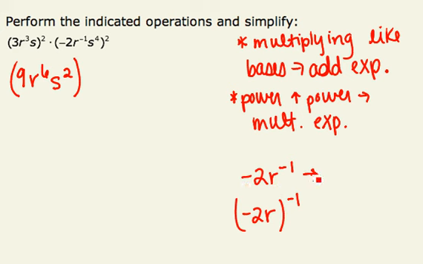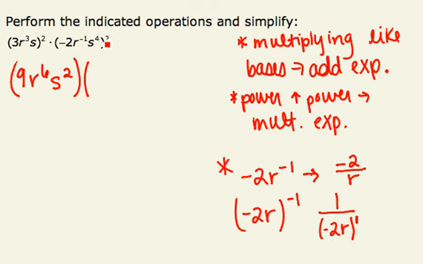What I mean by that is negative 2r to the negative 1, the first instance would look like this. In the second instance, I would rewrite that negative exponent on the bottom and still have it go to the negative 2. In this case, we're looking at the first instance.